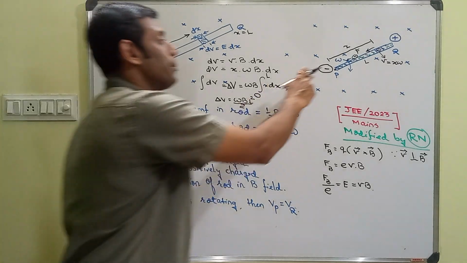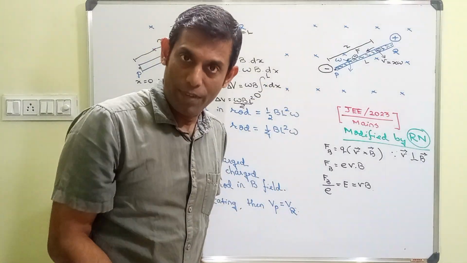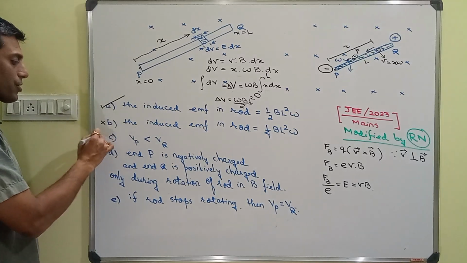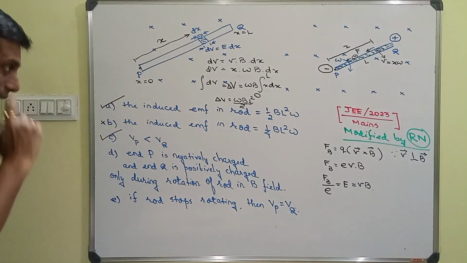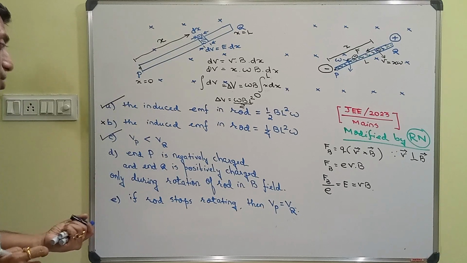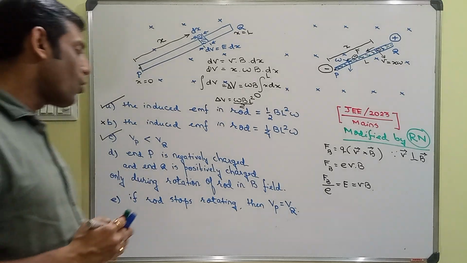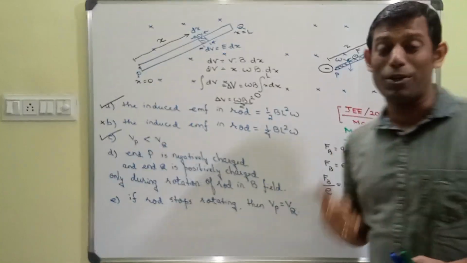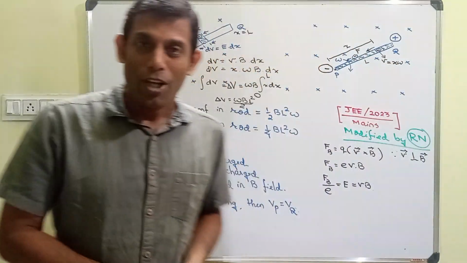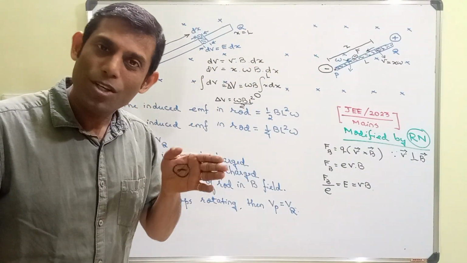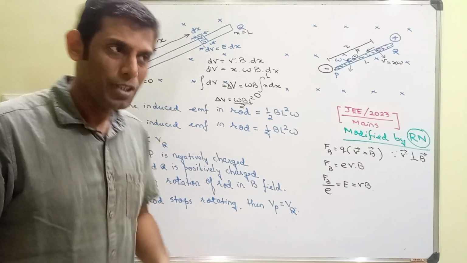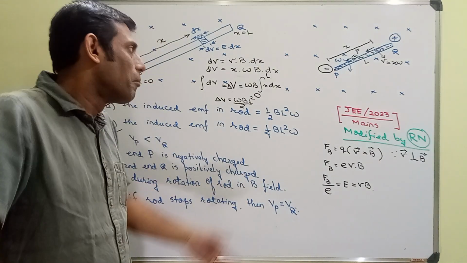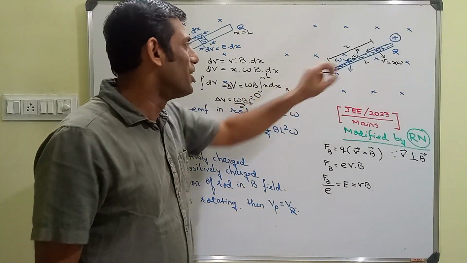Now this point P, the end P, is negatively charged. Therefore the potential at P will be less. Therefore this option is correct. And the end P is negatively charged and end Q is positively charged only during rotation of the rod. Now this is a very particular type of a question. If the rod stops rotating, omega will turn to 0.